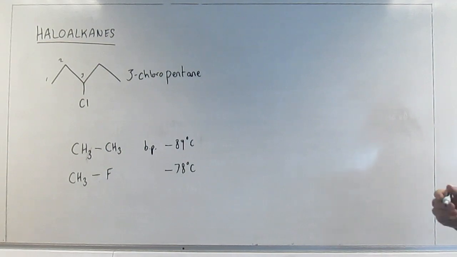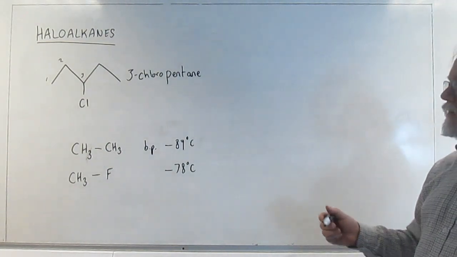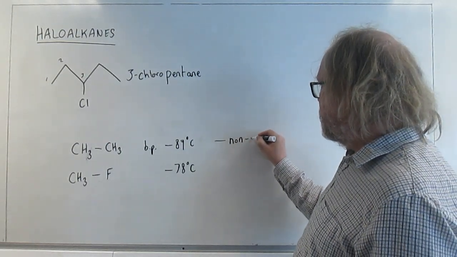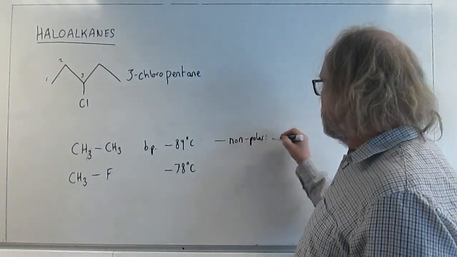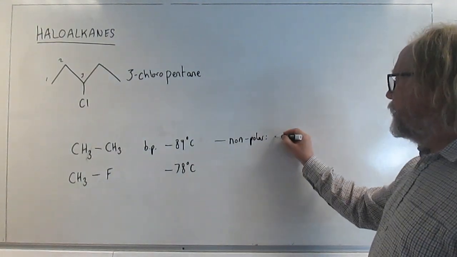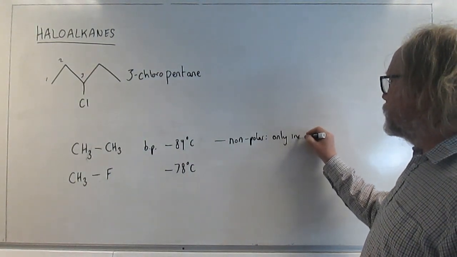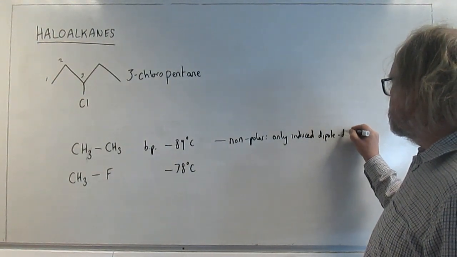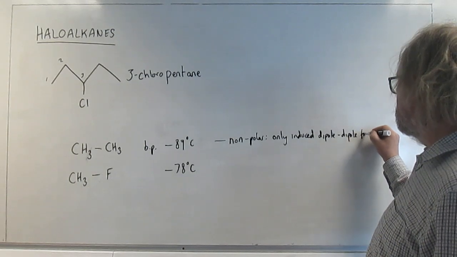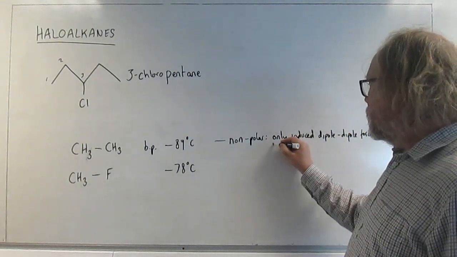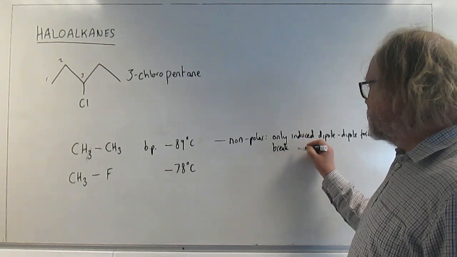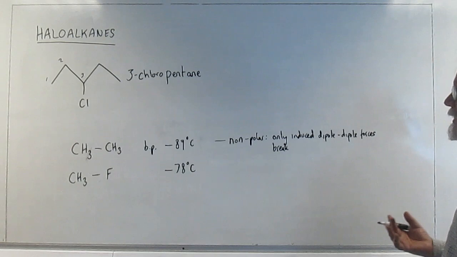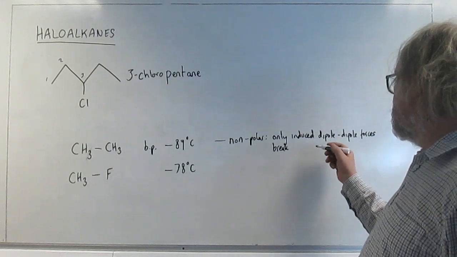And that, of course, is because it makes the molecule polar, whereas these molecules are non-polar. So ethane is a non-polar molecule, and therefore only induced dipole-dipole forces have to be broken when it boils. Hopefully you're getting very used to these boiling point issues now, because we practiced that a lot last term and they keep coming up again this term as well.